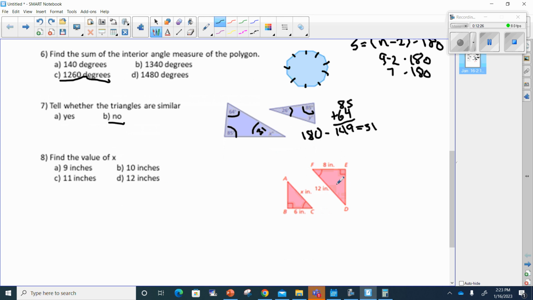Last one, find the value of x. I realize that x is right here. I need to make these triangles look the same.